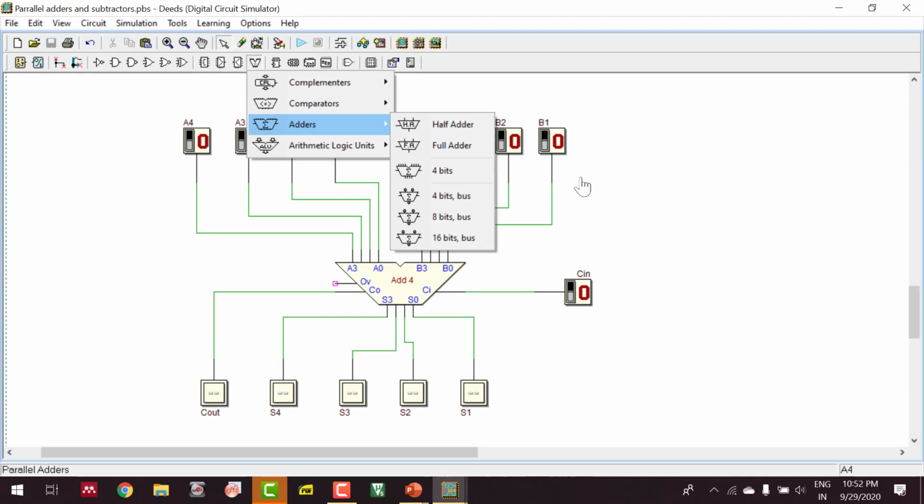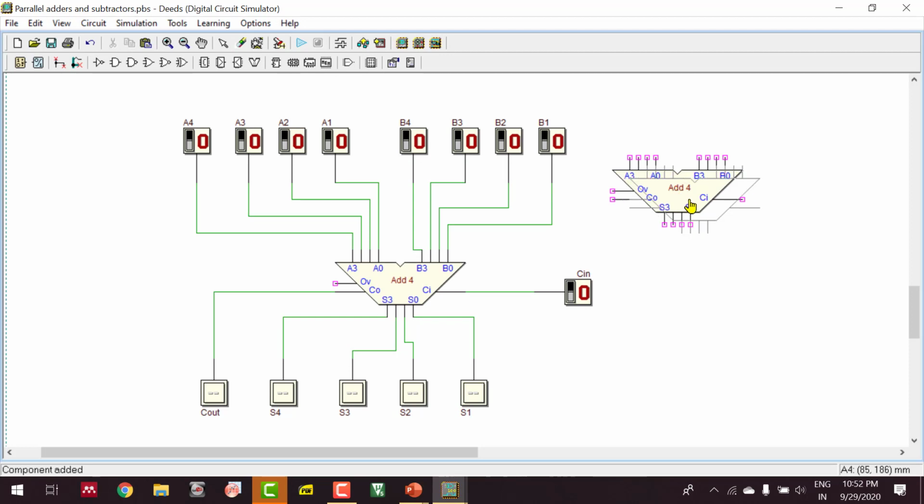So click on that, and you are going to get a 4-bit adder block in which you are going to have A0 through A3 as one set of 4-bit data and B0 with another set of data bits. These two 4-bit data are going to be added, producing sum S0 to S3 and carry out. If any overflow is there, it will be flagged, and carry in is supposed to be given 0. So I've created my 4-bit adder here.